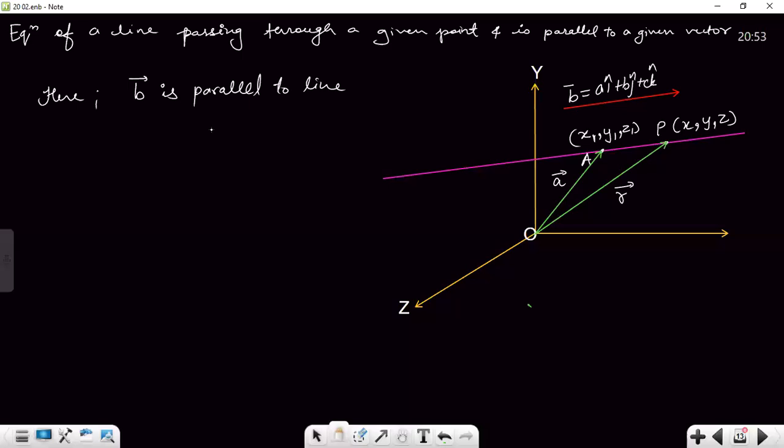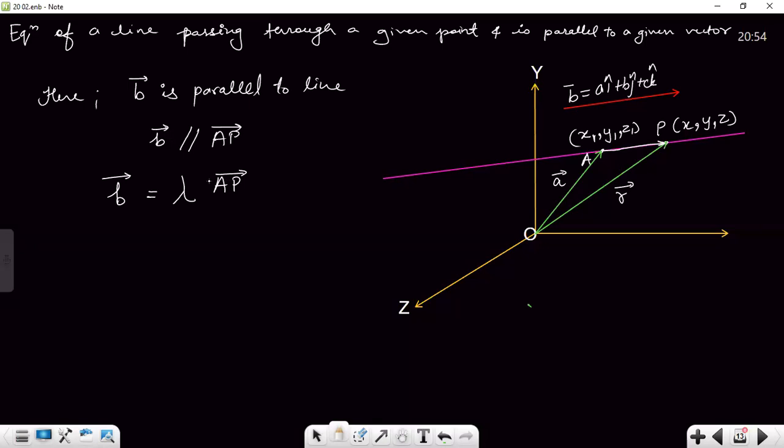Let me take a vector from the line, the AP vector. The AP vector will also be parallel to the B vector because it is drawn from the straight line itself. That's why both vectors will be parallel. So the B vector can be written as proportionate, lambda, which is a scalar, times the AP vector.